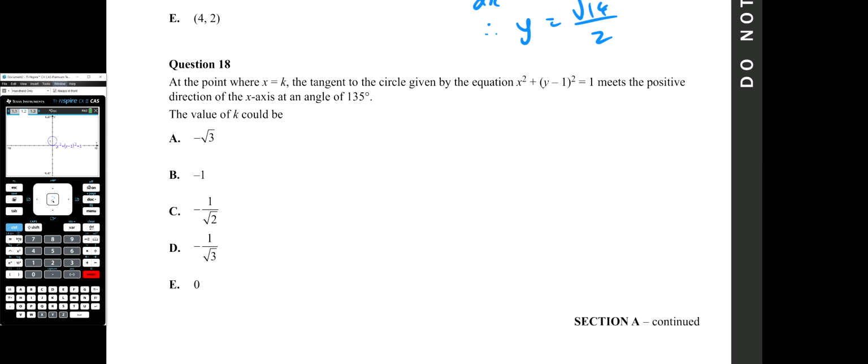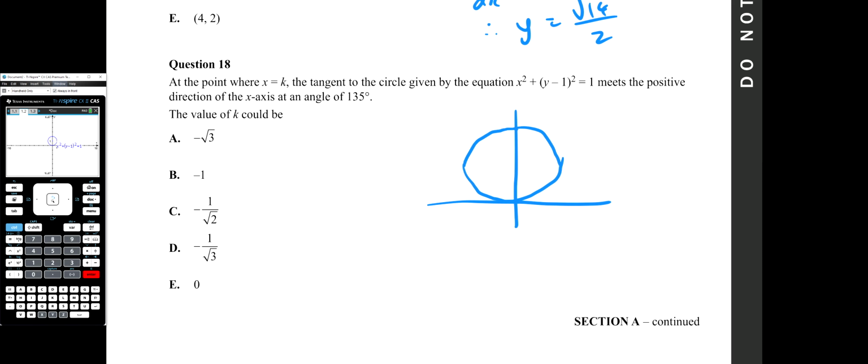X squared plus (y minus 1) squared is equal to 1. There you go. So what it looks like is we have a circle of radius 1 centered at the point 0, 1. It looks more like an oval. Maybe let's try that again. There we go.